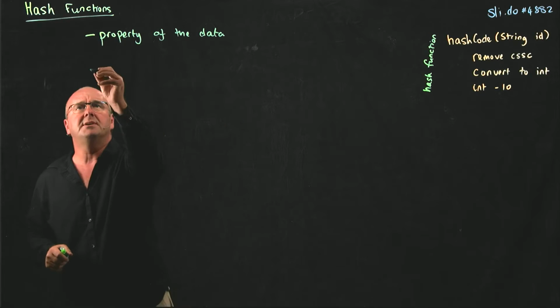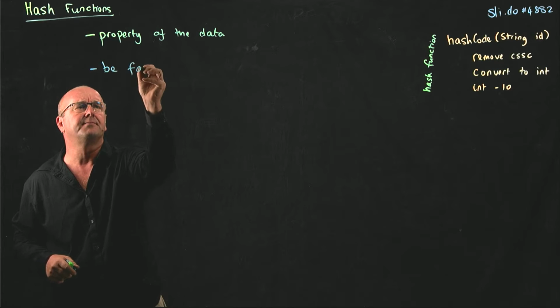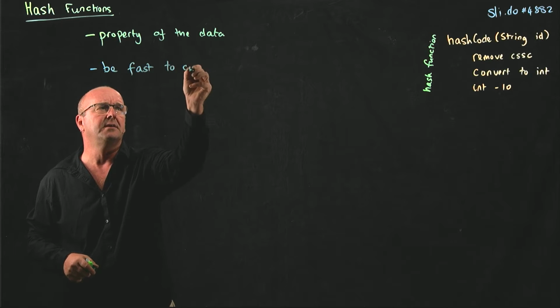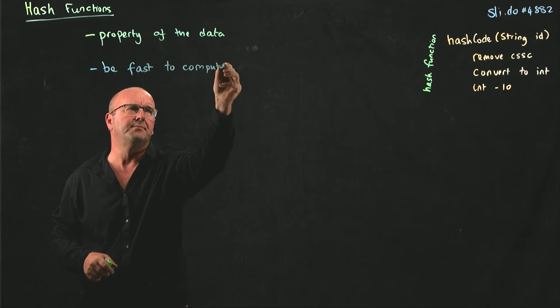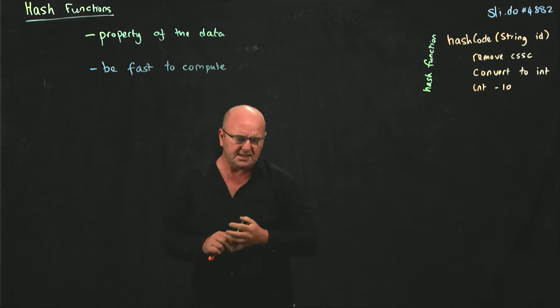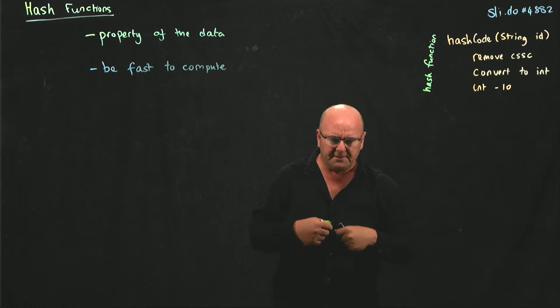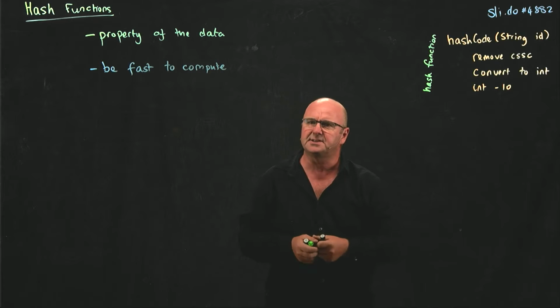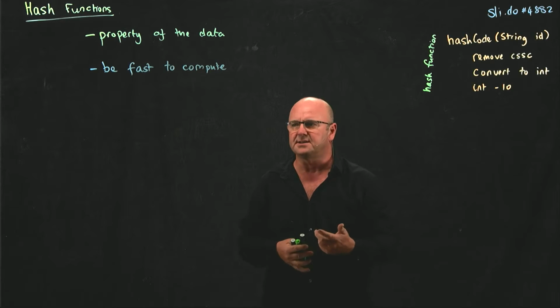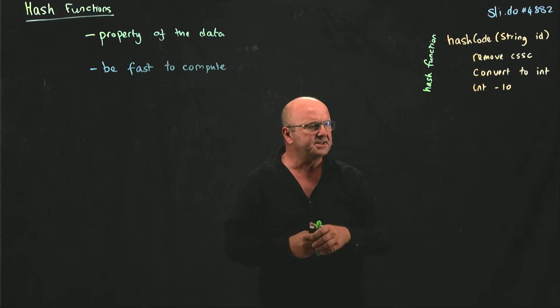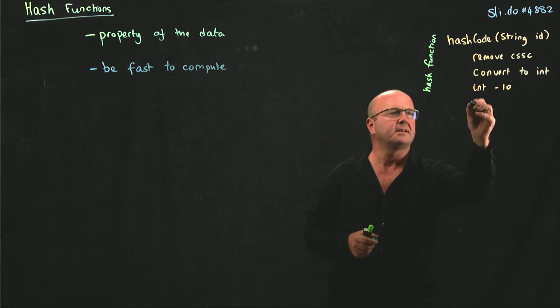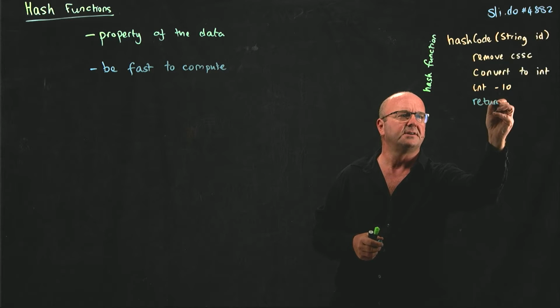We want them to be fast to compute. So what that means is, if I'm going to put 1 million elements into a data structure, I don't want to wait for 1 second to get an integer back, and this has to return an int.